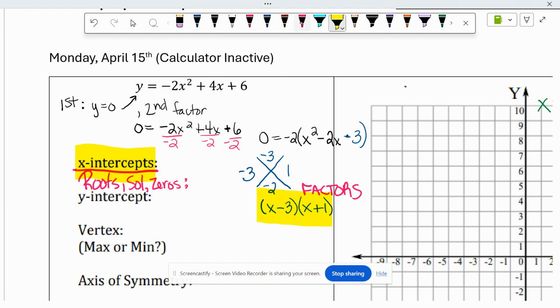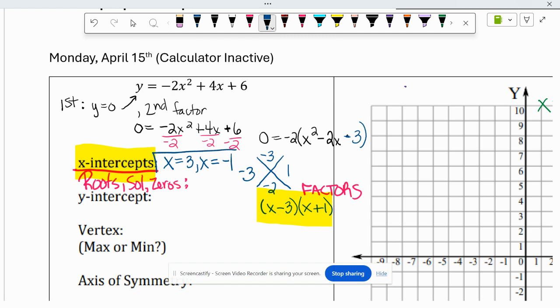They're the opposite signs. Thank you so much for saying that. So what is the opposite of negative 3? So x equals positive 3. What is the opposite of positive 1? So x equals negative 1.